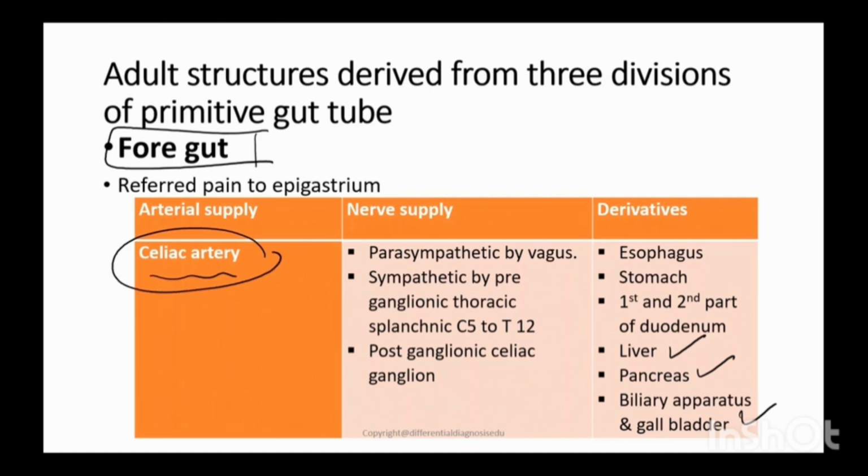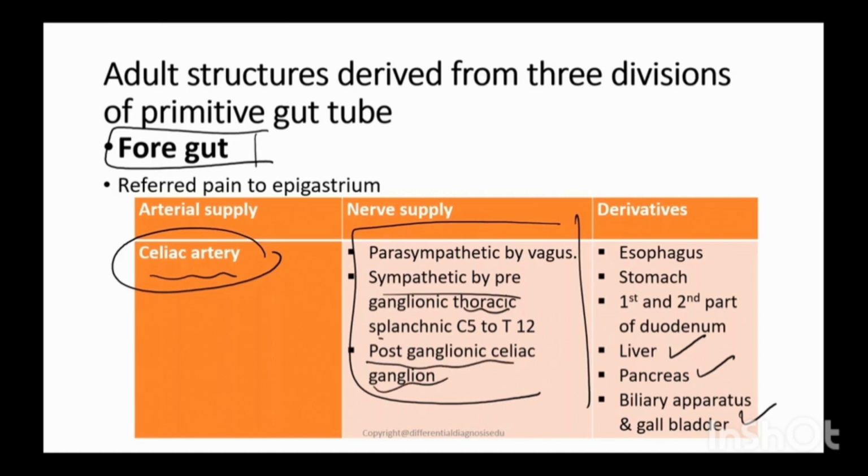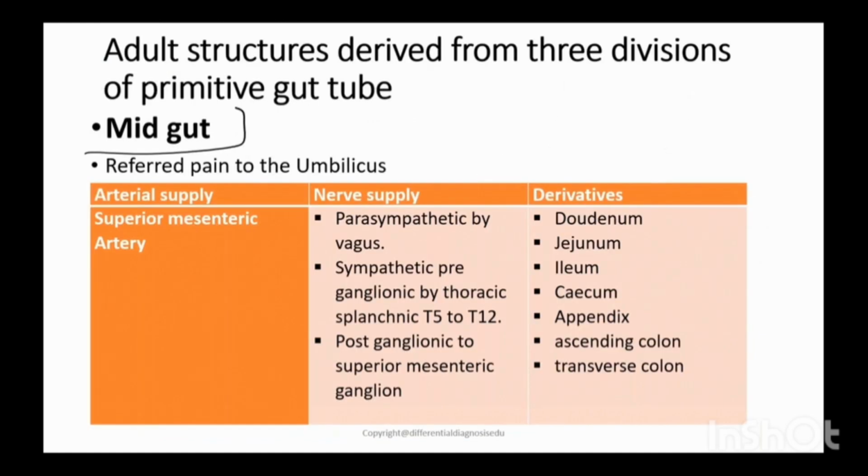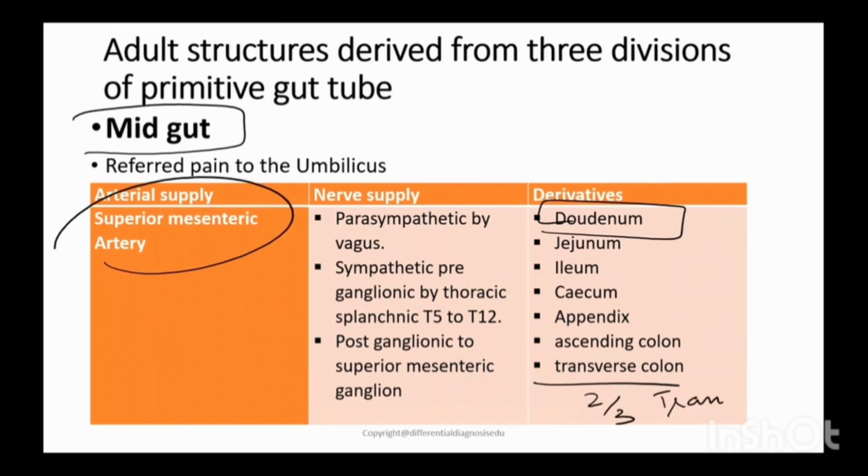They will not ask about nerve supply of the foregut, but it is parasympathetic and sympathetic, with postganglionic fibers from the celiac ganglion. Midgut is from the second portion of the duodenum to 2/3 of the transverse colon. It is supplied by the superior mesenteric artery. Nerve supply is not commonly asked.